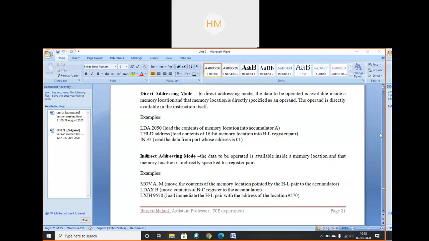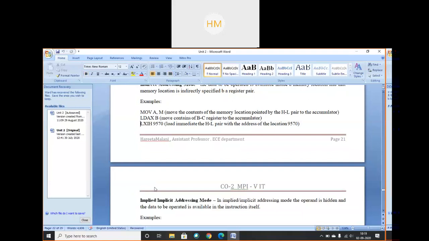In indirect addressing mode, the memory address where the operand is located is specified by the contents of a register pair. The operands will always be register pair. Examples you can see in your basic instructions, like MOV A, M, LDAX B, LXI instruction. All these are examples of indirect addressing mode.